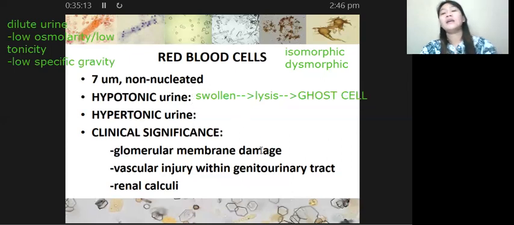Your ghost cell is seen in hypotonic urine as a consequence of cell lysis and consequent release of your hemoglobin. Ang natitira lang dyan ay yung cell membrane ng red blood cells natin. Kaya ang tawag sa kanya ay ghost cell.